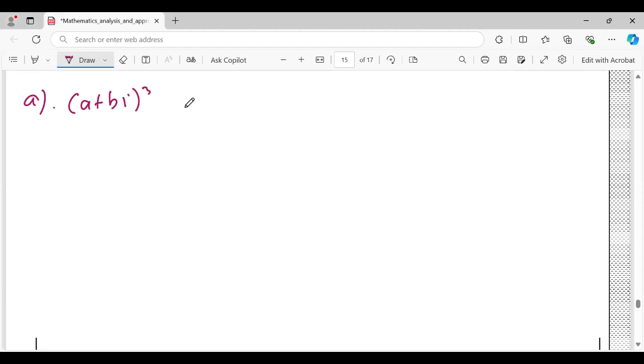So it becomes (a plus bi) squared times (a plus bi). We have to expand this part first, and after that, multiply.